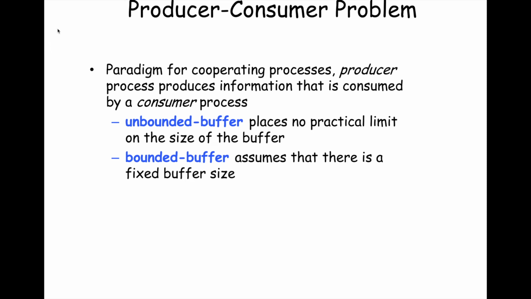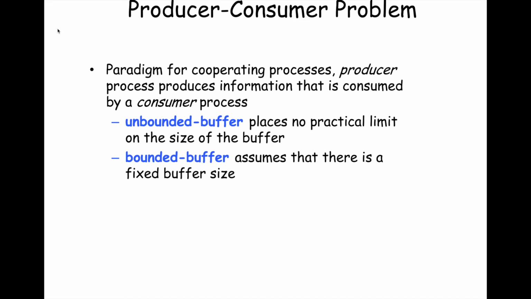Now, of course, we saw something like this bounded buffer when we declared an array of structures. We said you have 10 instances or positions in this array. And therefore, once you filled the 10th position, you no longer could use it because it was already filled. And if that's the case, you now have to wait if you want to fill it some more with a new copy of information.